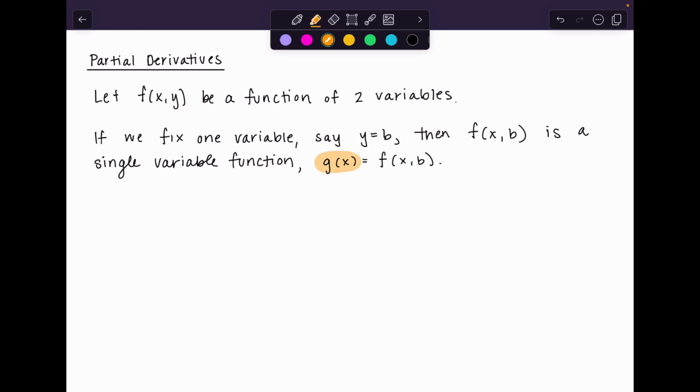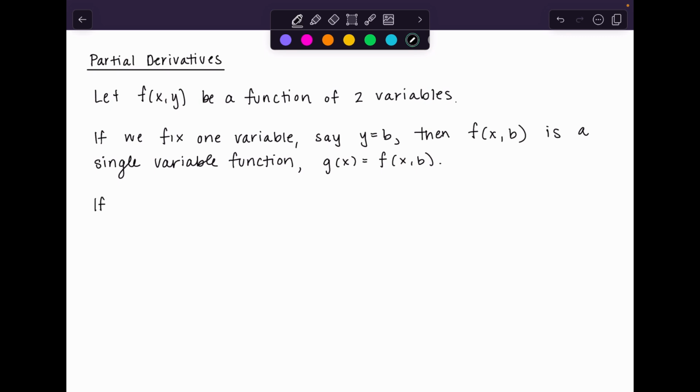So this single variable function, if it has a derivative, then it's considered to be a partial derivative of f with respect to x at a particular value. And then again, of course, we can generalize it to just be a partial derivative, not just at a specific point.